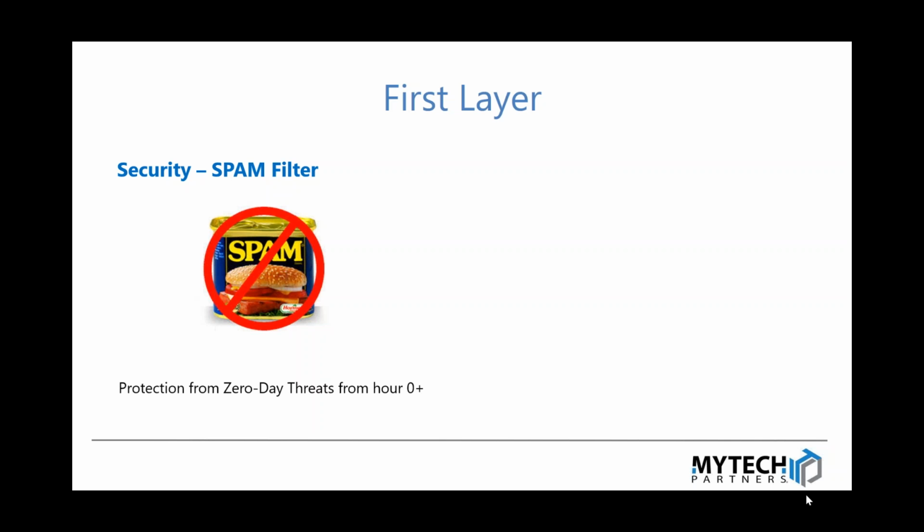And in the two cases that we were talking about here, these two major threats that were released, we had protection from those specific threats from hour 0 or up. It depends on the solution and the way that it was delivered, because both of those tools were an advanced delivery mechanism. So it's rough guessing in some ways, but most of our tools were reporting interception of the threat from hour 0 or up.